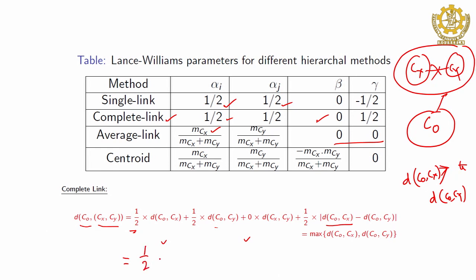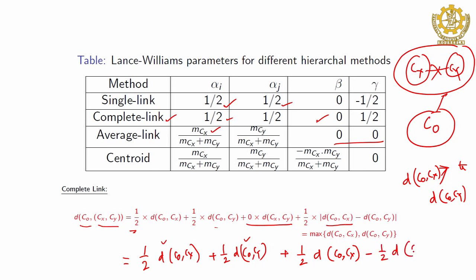If that is the case, then what can we do? We can write half of the distance C0 Cx plus half of the distance C0 Cy, this is 0, plus half distance C0 Cx, this is greater than. So, then we can write minus half of the distance C0 Cy.